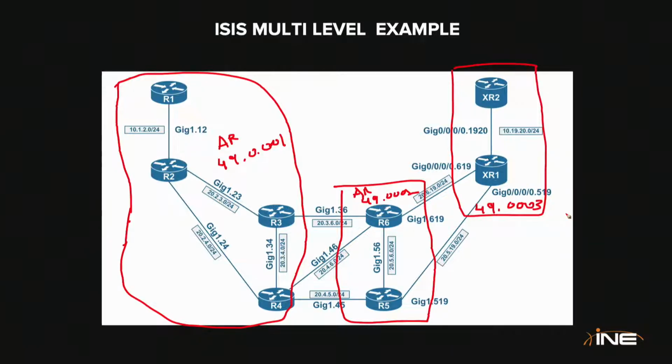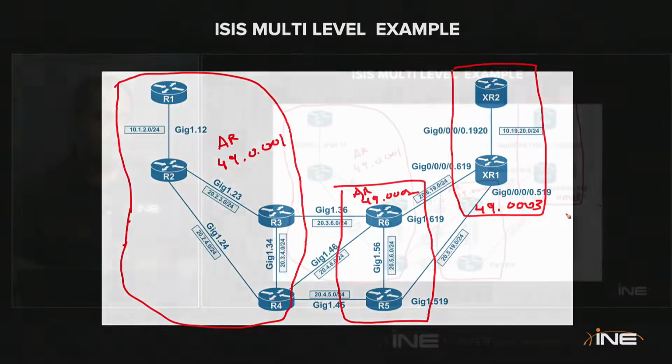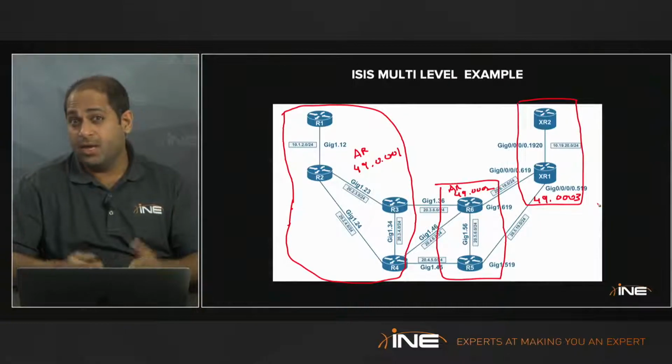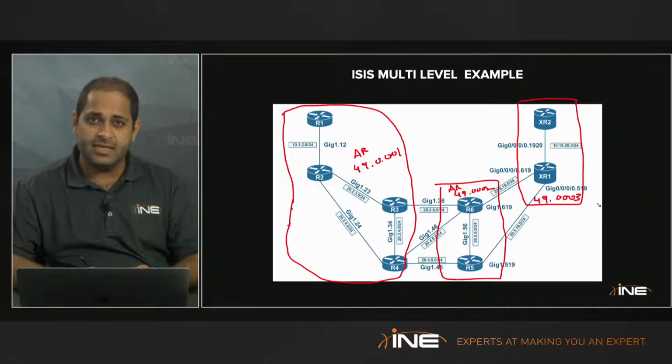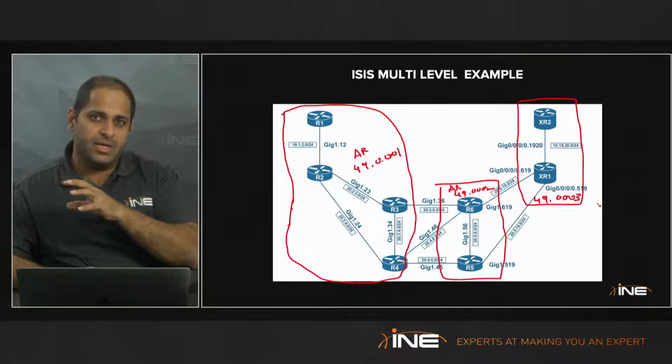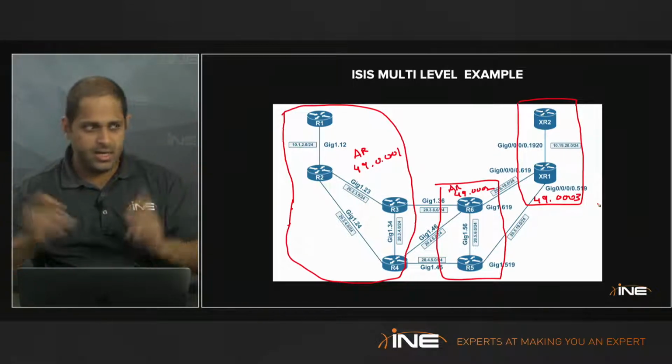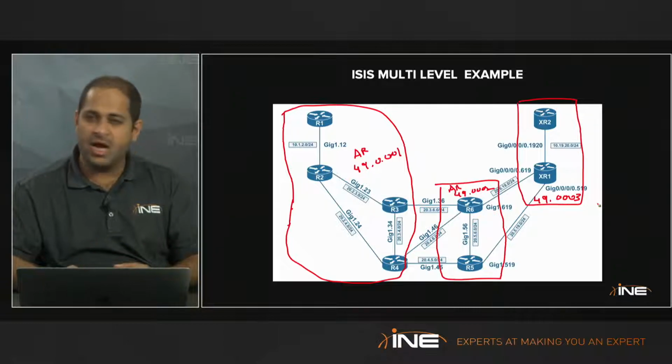So here, which routers do you really think need to run multi-level? If you remember an ABR in OSPF, he connects to multiple areas. Similarly here in ISIS, an L1, L2 router connects to intra-area and inter-area. So here, R3 and R4 should be level 1, level 2 routers.